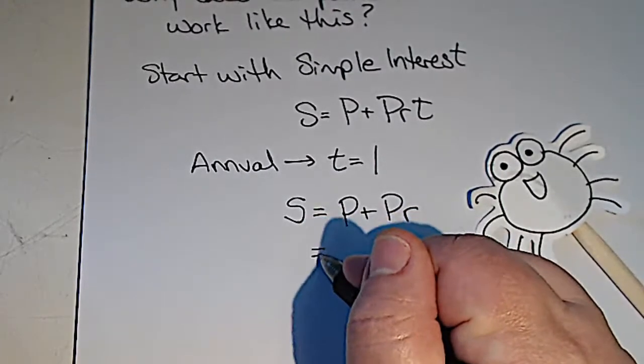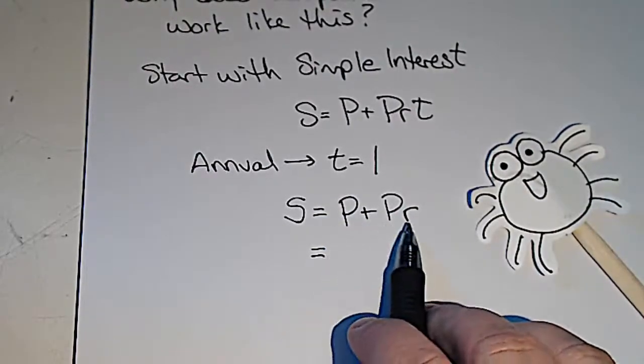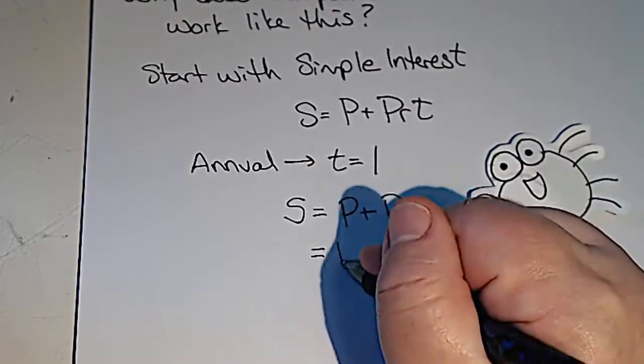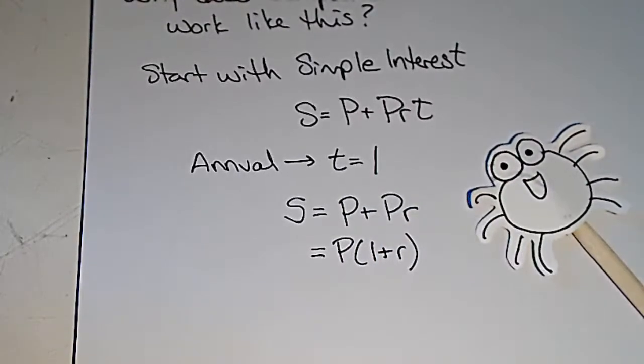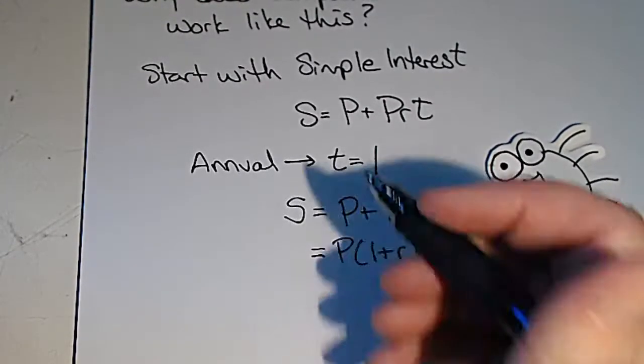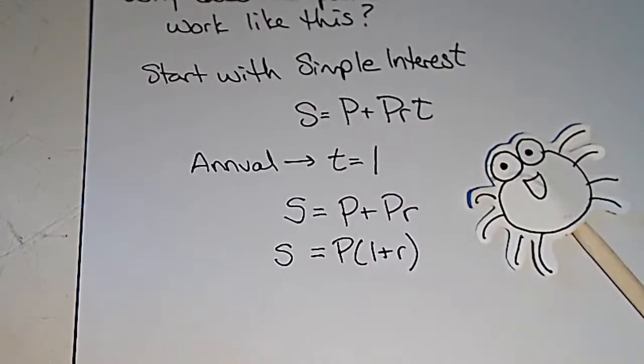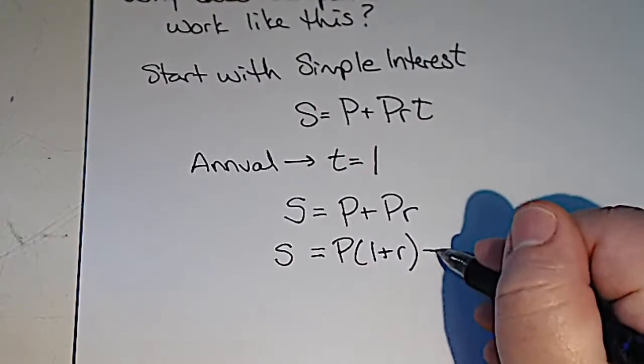So future value, I'm going to look at this, and what I'm going to do is factor out the P. P times the quantity 1 plus R. This is still simple interest for 1 year.